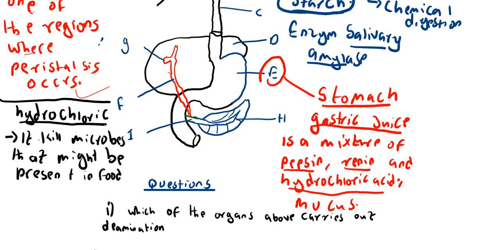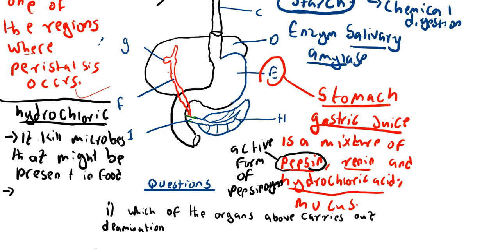That is one. Then two, I want you to understand that pepsin is the active form of pepsinogen. The enzyme pepsin is secreted in its inactive form called pepsinogen.